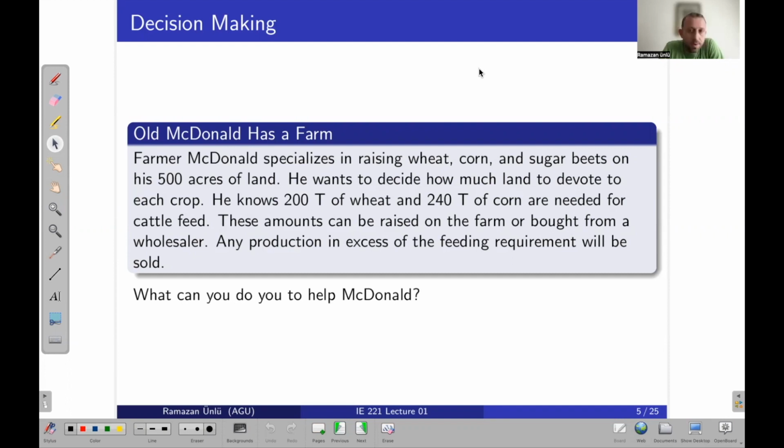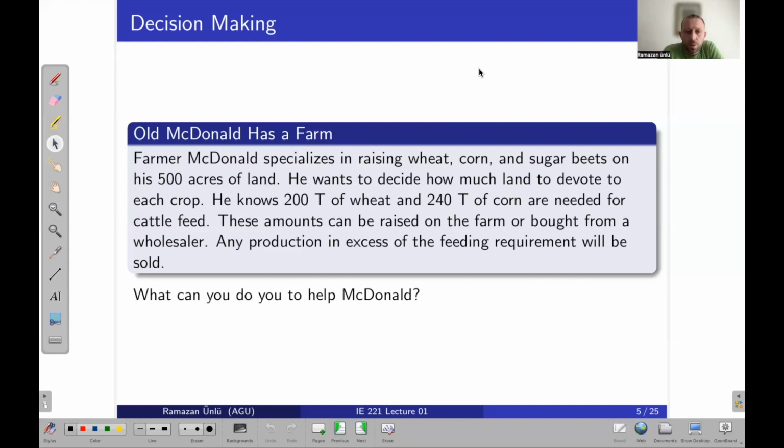And you are given some information, and you know that you will need 200 tons of wheat and 240 tons of corn for the cattle feed. And these amounts, 200 tons and 240 tons, can be raised on the farm, or you can buy it from a wholesaler. So any production in excess of the feeding requirements will be sold.